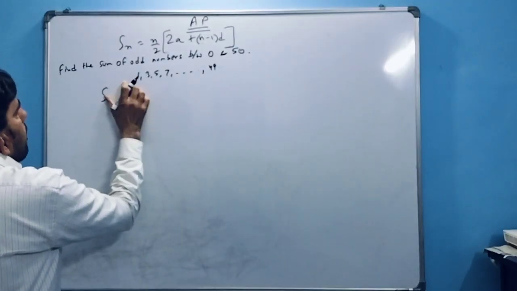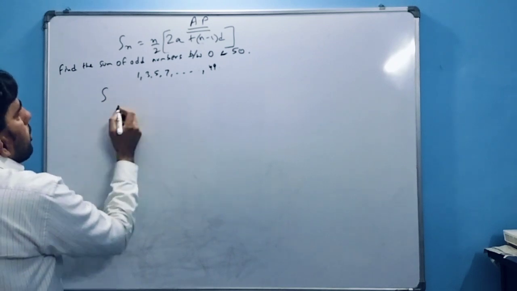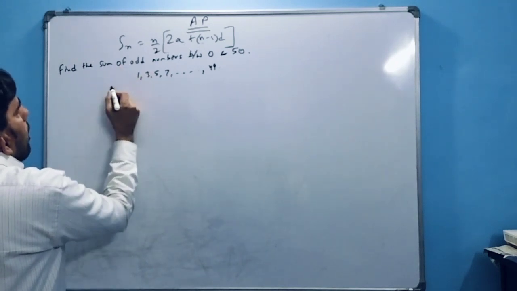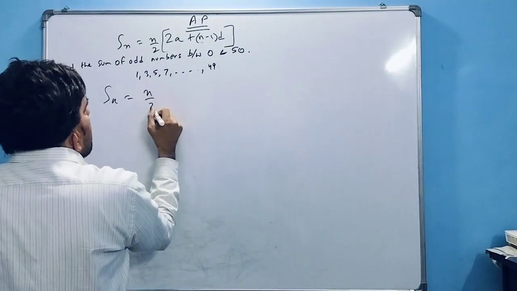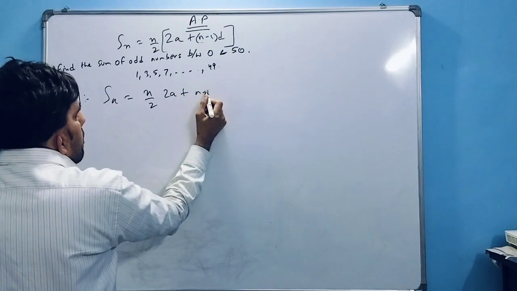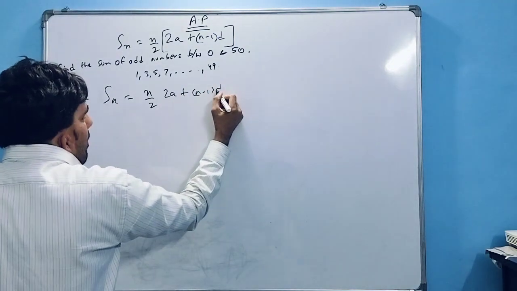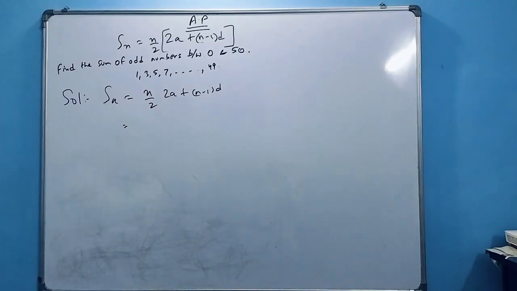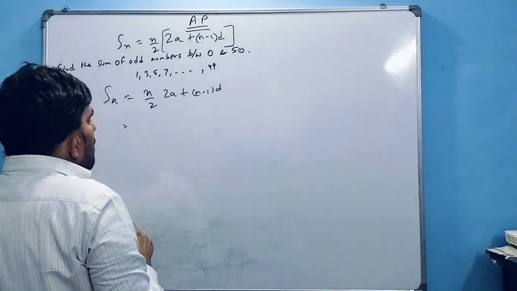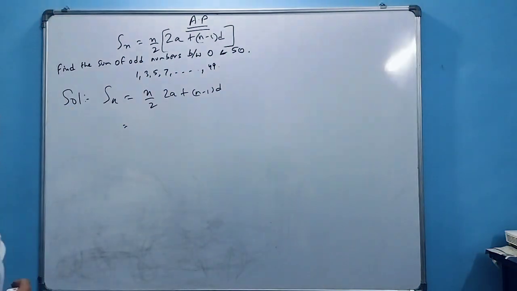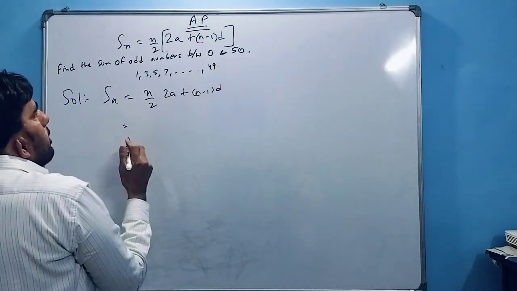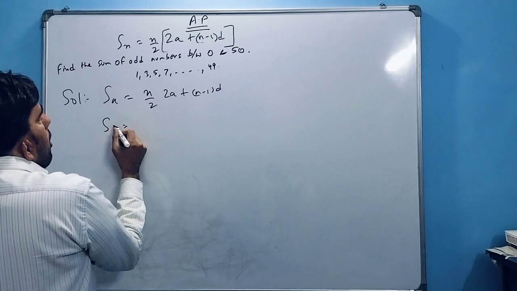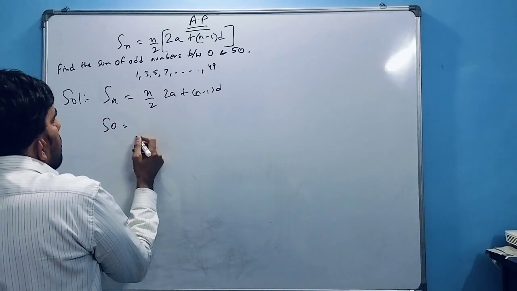First we need to write the formula, that is n by 2 (2a plus (n minus 1)d). We need to find the sum of odd numbers between 0 and 50.